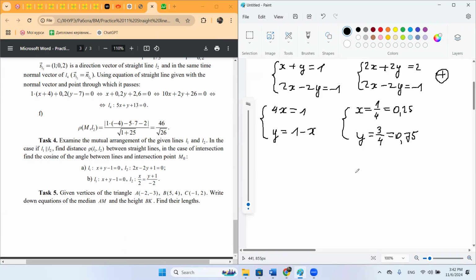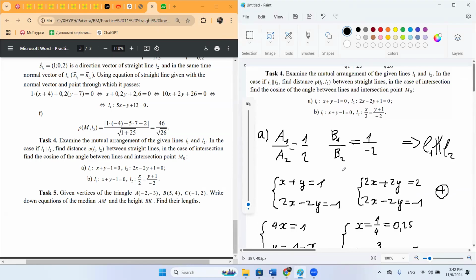Okay, so we found the intersection point, and we have to find the cosine of the angle between these lines. How to find the cosine? What do we need for it? Do we have everything to find it? Any ideas?